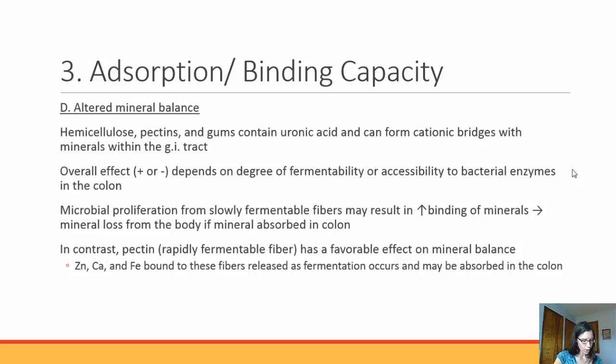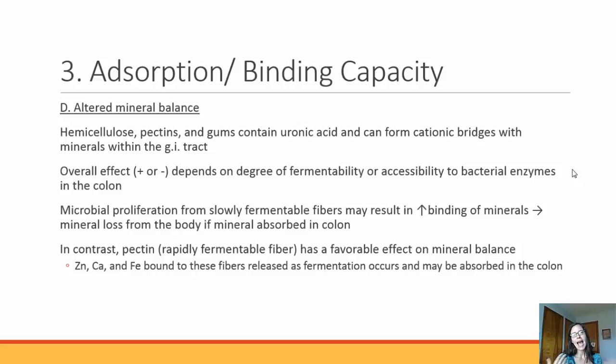And then our fourth characteristic is altered mineral balance. You don't have to worry too much about this one, but basically know that depending on how quickly the fibers are fermented by the bacteria in the colon, these types of fibers can have either a positive or negative impact on your mineral balance. For instance, slowly fermentable fibers can result in increased binding of the minerals, and therefore we lose more minerals from the body.